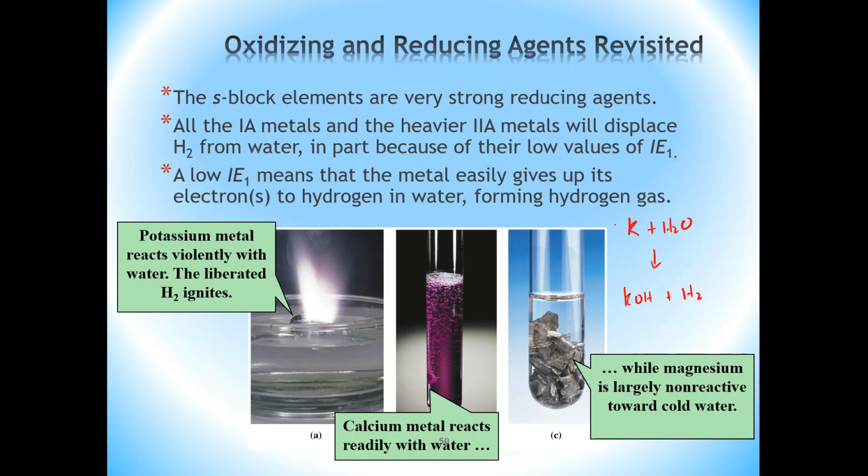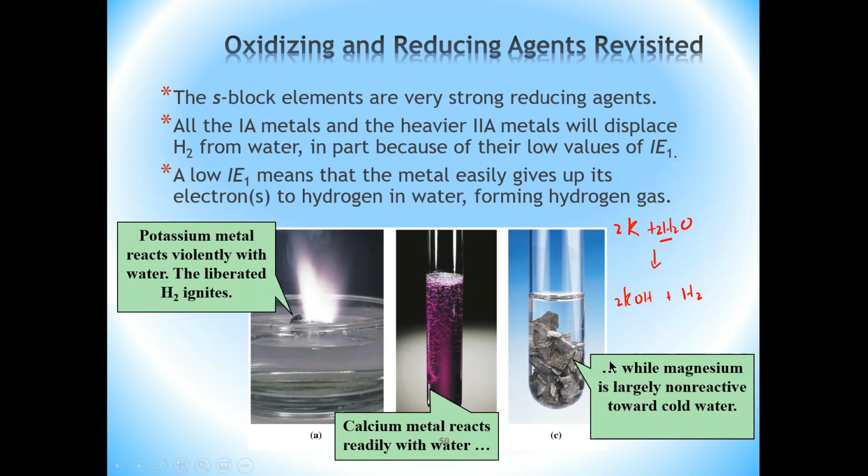And of course, to balance this, we need a 2 here, and we need a 2 here, and we need a 2 here. So that's it. I'm just checking to make sure it's balanced. 4, 4, 2. Oh yeah, okay. So now it's balanced, all right?